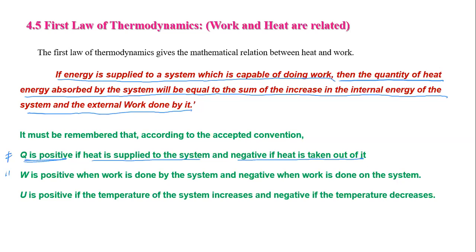The second sign convention is that work done is positive when work is done by the system and negative when work is done on the system. And the last one: internal energy change is positive if the temperature of the system increases, negative if the temperature decreases.